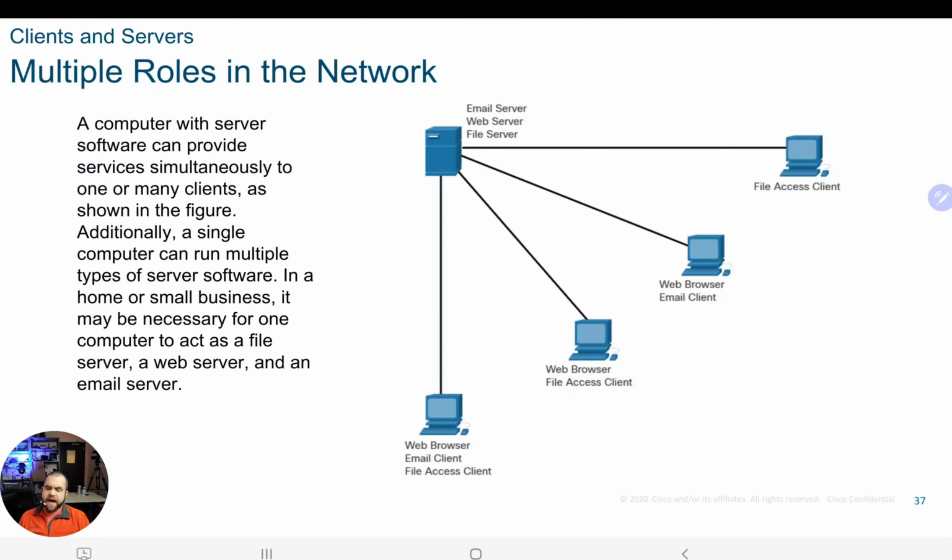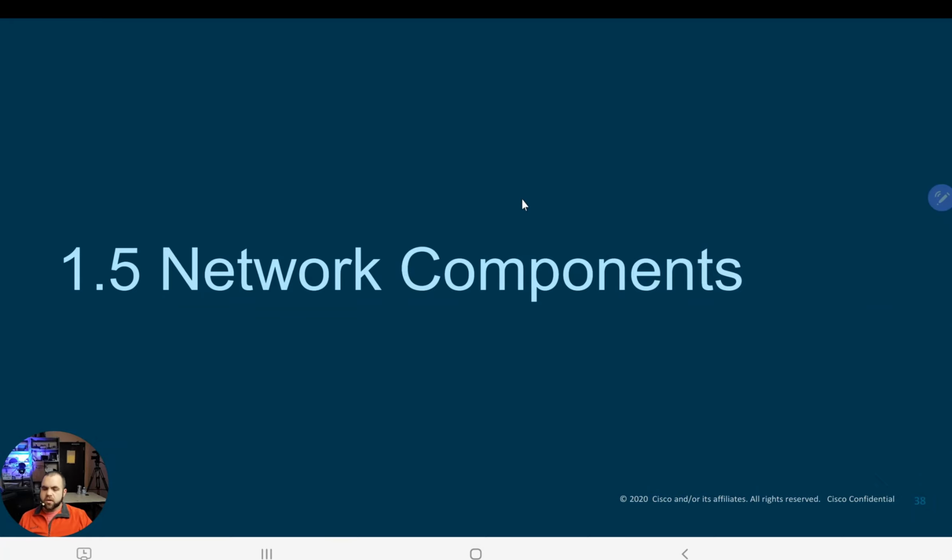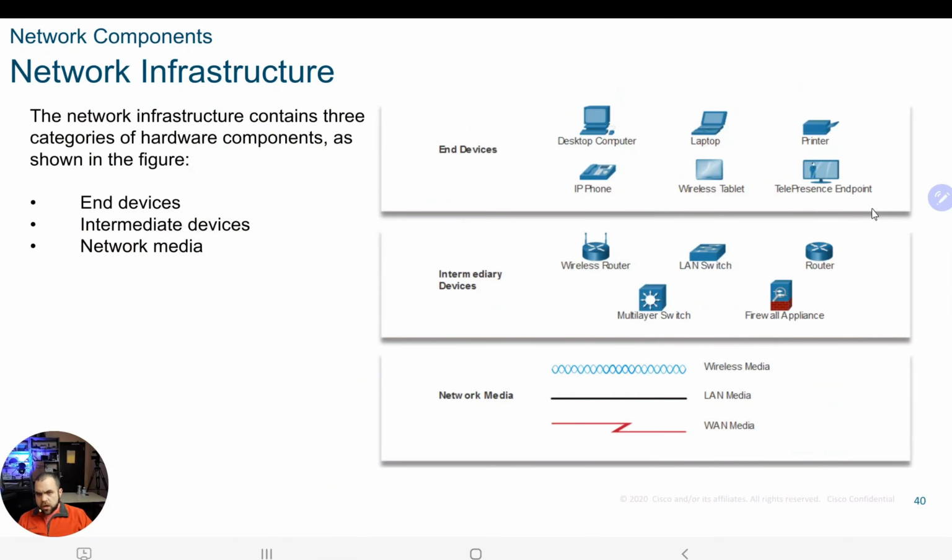It all depends on how the devices are going to be used, or how those services will need to be accessed. When you're starting to design networks, that's where you answer those. But I want you to be aware that one server can be a file, email, and web server. All these things can run just on one device.